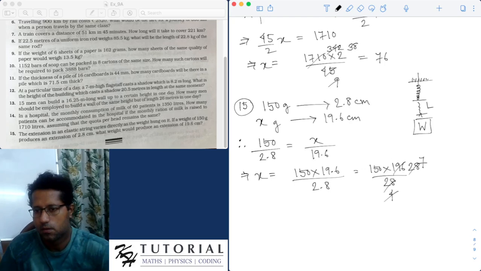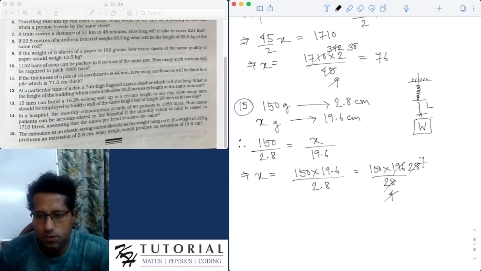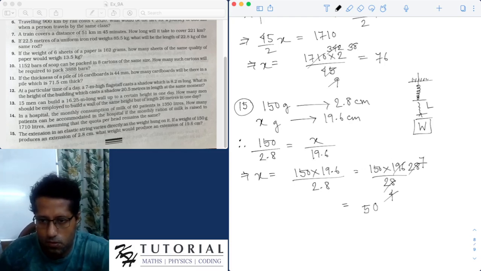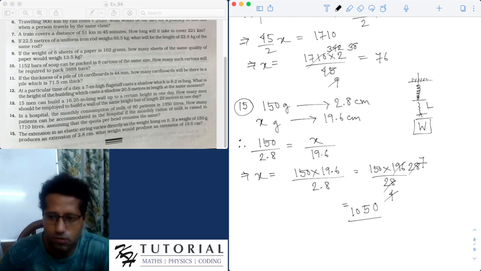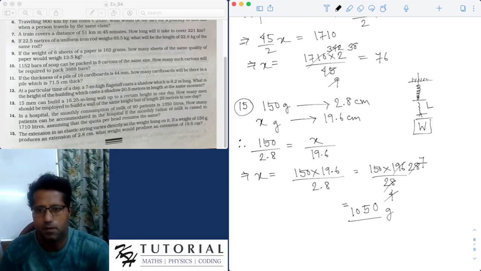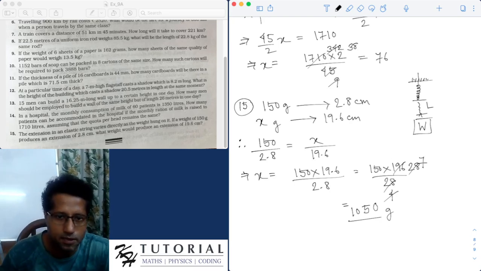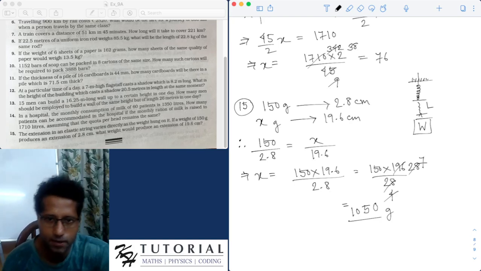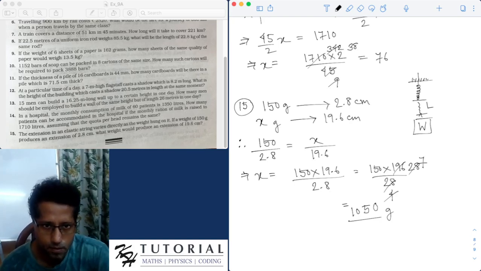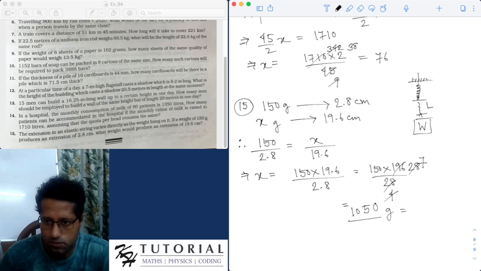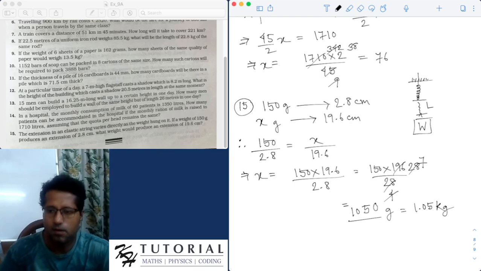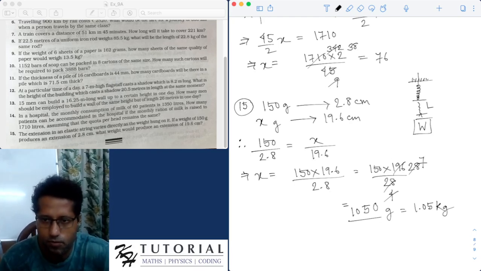Okay, so this is 150 into 7, and this is 1050. So 1050 gram, so it is asking what weight would produce an extension of 19.6 centimeter. So 1050 gram, or this equals 1.05 kg of weight, will produce an extension of 19.6.